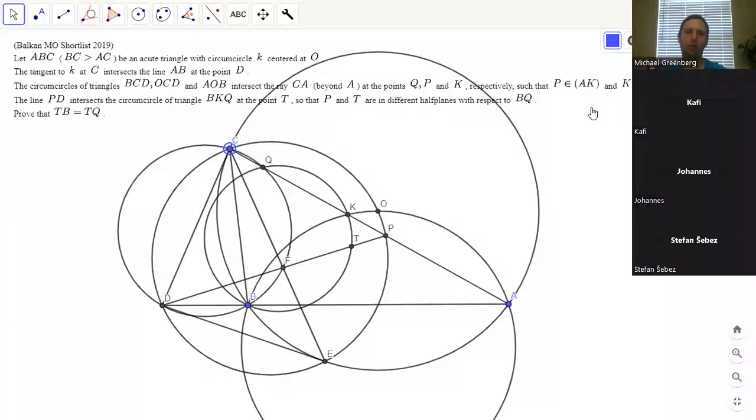Because if they're both tangents, then we would have a harmonic bundle. So we would want to prove that DBFQ is harmonic. Oh, but that's obvious, because if you project CD, CB, CE, CA onto this circle, yeah, I see it. So we have that it is harmonic.